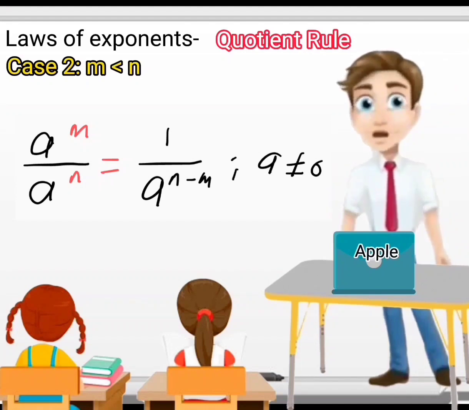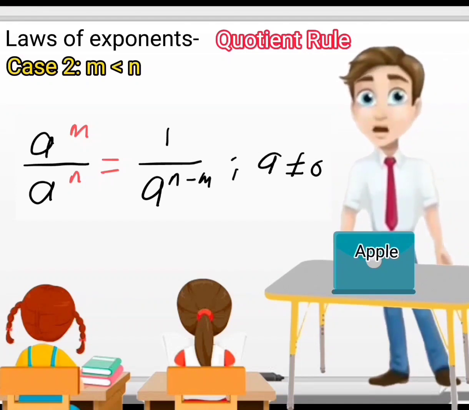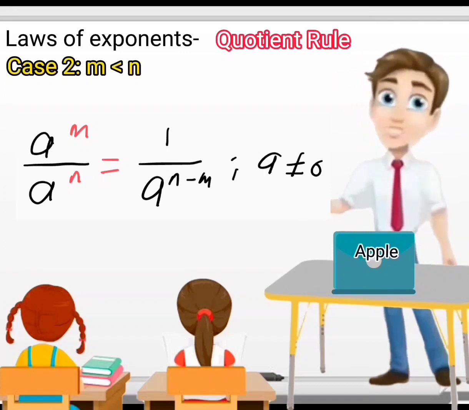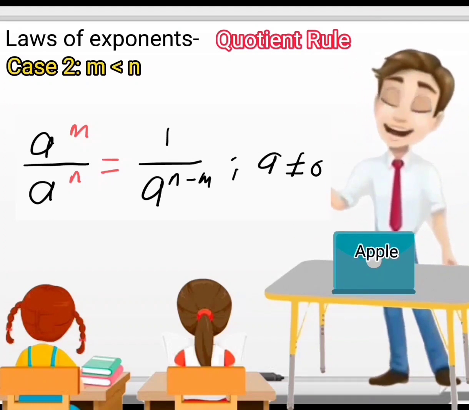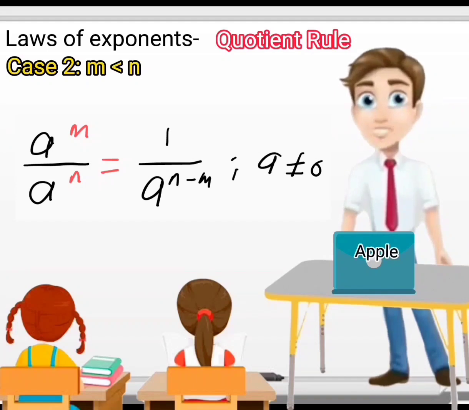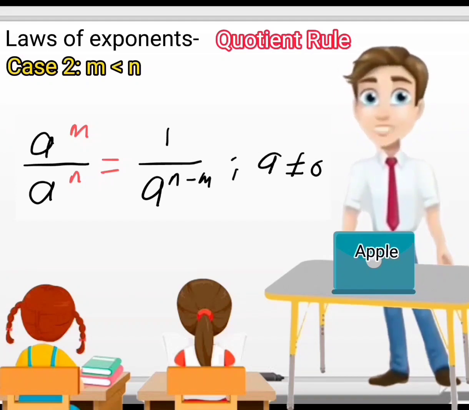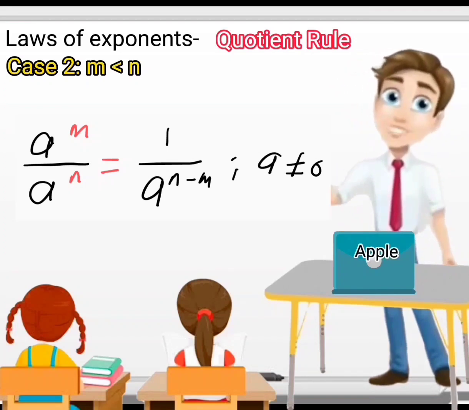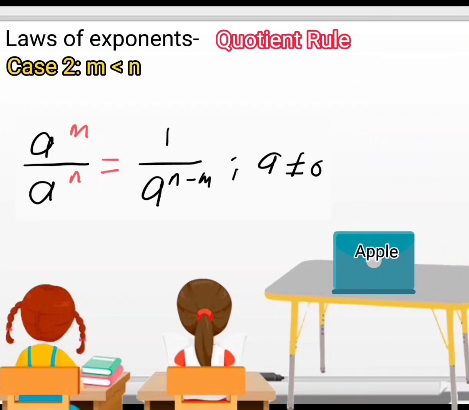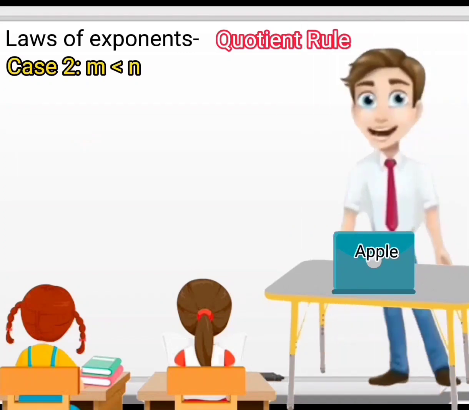You're going to place 1 in the numerator, and then doon tayo sa denominator mag-minus ng mga exponent, but still you're going to copy the common base, which is a. So that is 1 over a raised to the exponent n minus m, the exponent in the numerator. And again, a must not be equal to 0.